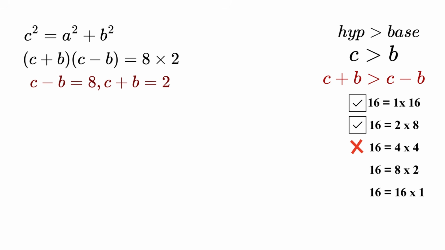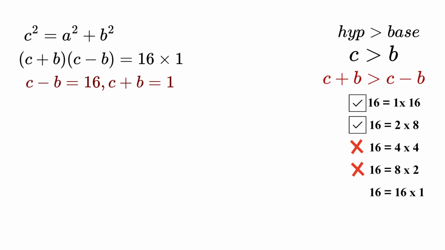But wait, 2 is less than 8, and that violates our condition completely, so we reject this one too. And finally, 16 times 1. Here, c minus b would be 16 and c plus b would be 1. Again, 1 is less than 16, so this doesn't work either. So, we have two valid pairs for this solution.